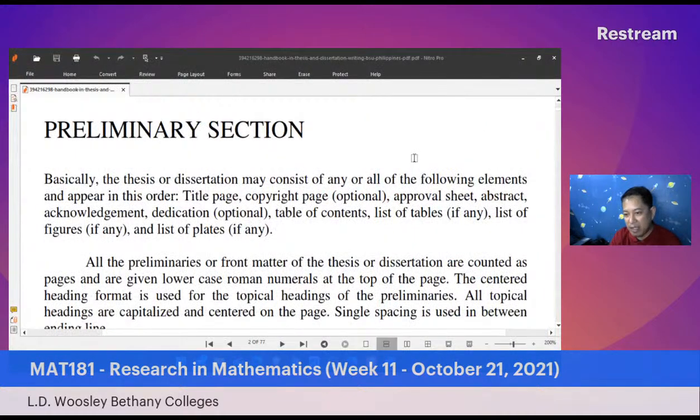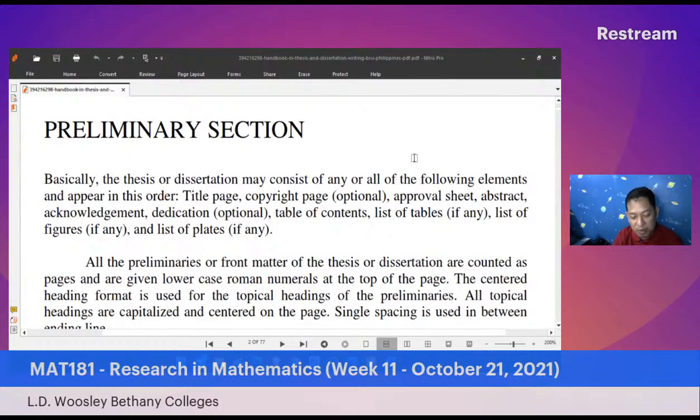We have here a preliminary section. When we are dealing with a thesis or dissertation, the research may consist of any of the following elements, appearing in order. Of course, we have the title page. There must be a title page, and most universities and colleges have their specifics, including dimensions.